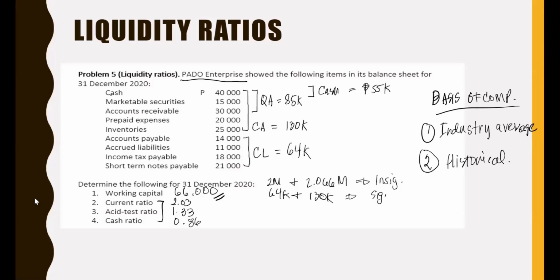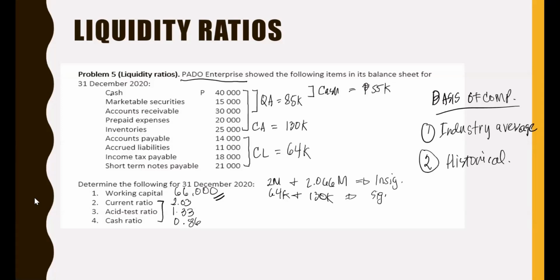So, let's say our current ratio last time was only 1.5 times, but now it's 2. So, we are somehow improving. And then we can also compare it with the industry average. Let's say the industry average is 3. So, we're getting there. So, that's it. The point here is ratios alone, all of these computations that we have, will not be useful if we are not going to compare them with other bases.